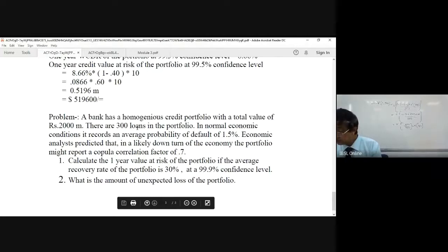When you say 0.743, you have the value of 0.74 at 0.7704.